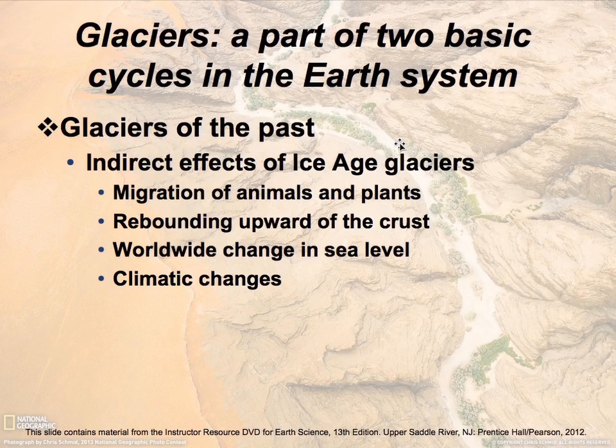Indirect effects of ice ages are that they can cause climatological effects, and the climatological forcings can impact the distribution and extent of different organisms of the biosphere. Animals and plants which are climatologically influenced can migrate, or will migrate, based on glaciations.